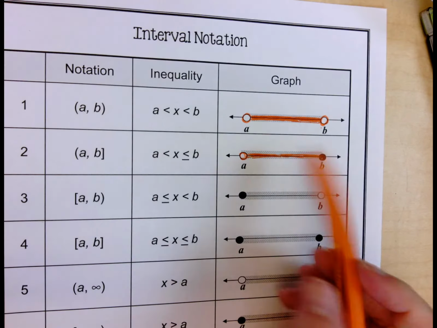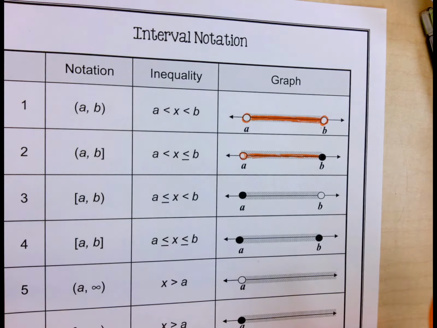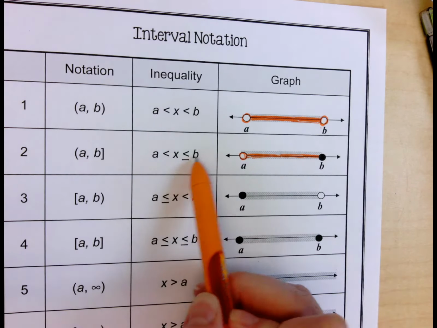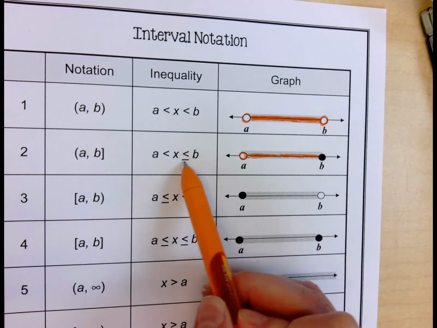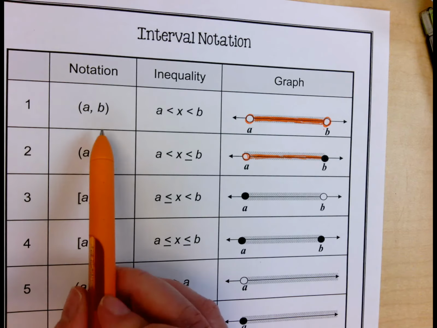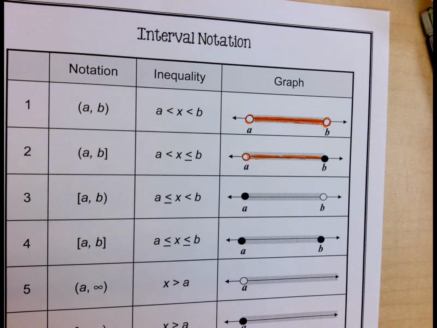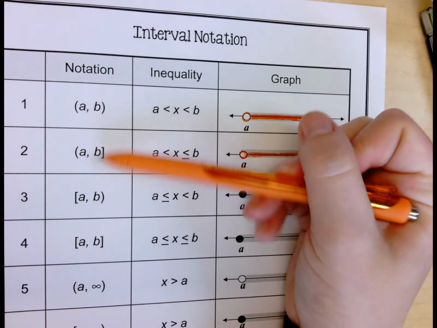And so here, that closed circle, when we do an inequality, is represented by an equal symbol because x could be equal to B, whatever this value is. And then when we show that in interval notation, we trade out a parenthesis for a bracket, okay? And so that's the difference here.